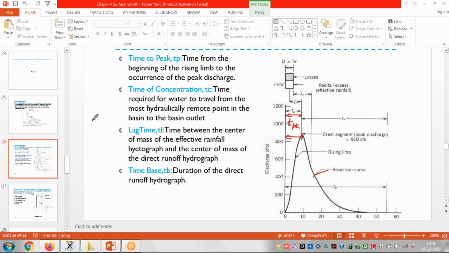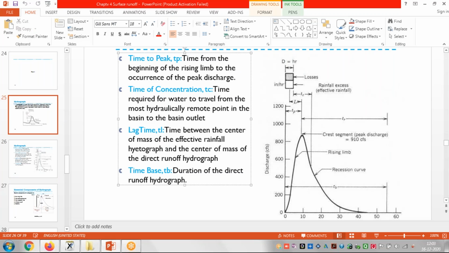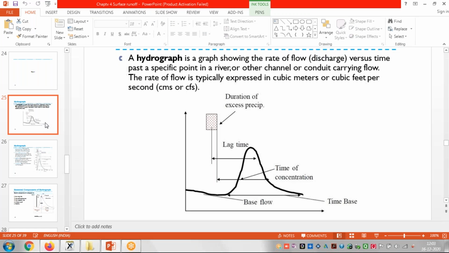Now, here you will see, not in this graph, but here.